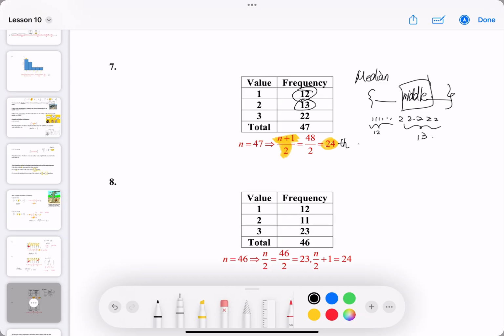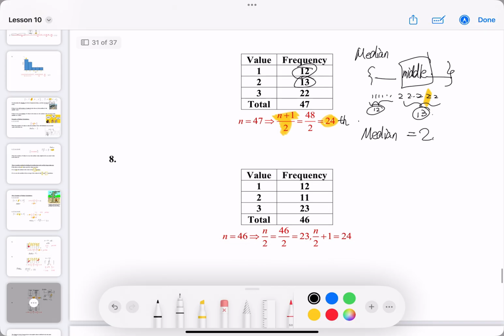What is my 24th position? 12 plus 13 is 25. That means the 24th position is still 2. That's the 24th position. And in this question, my median is 2 because my 24th position is 2.